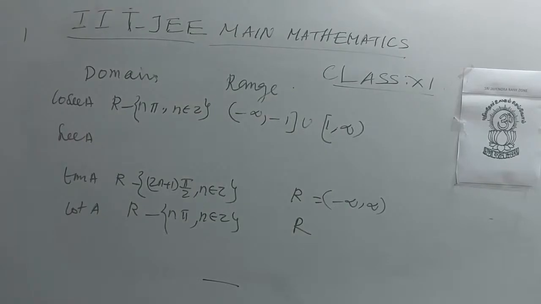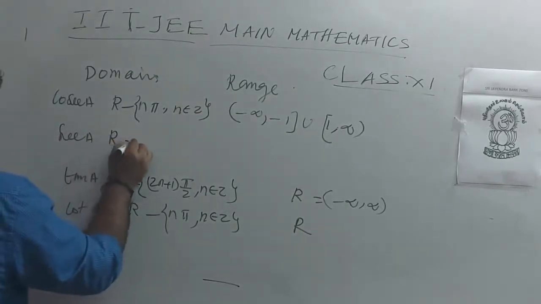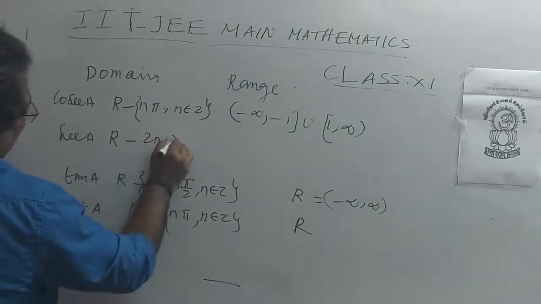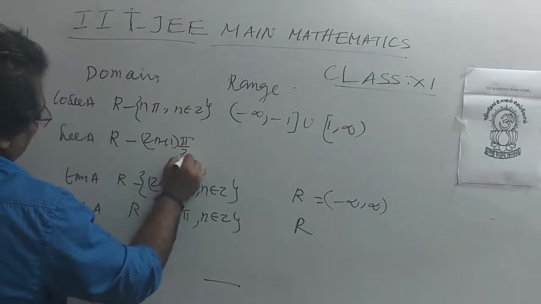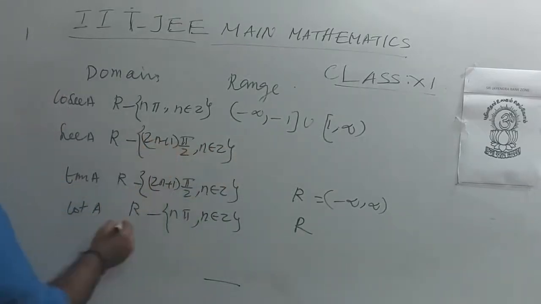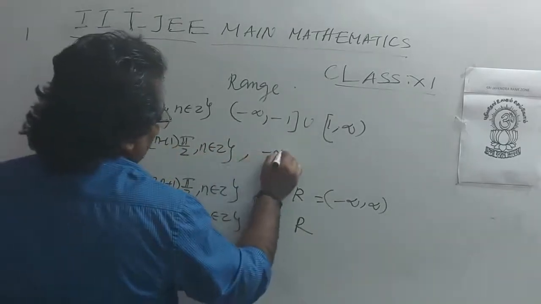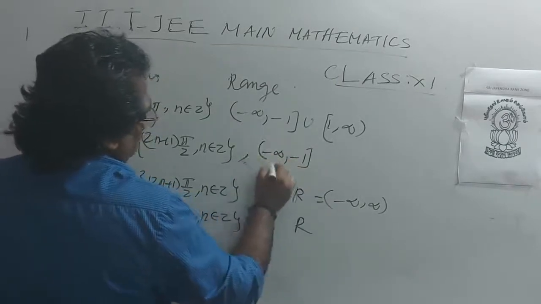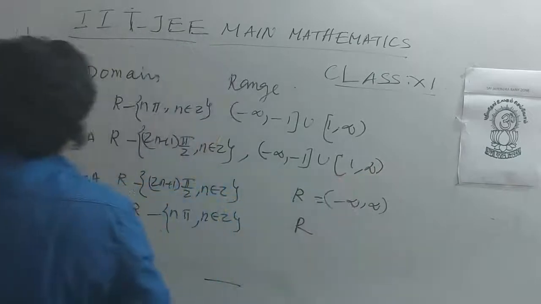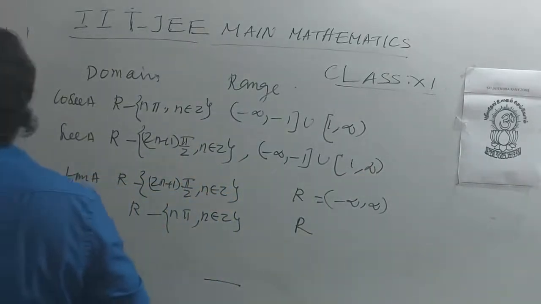Secant A, domain R minus (2n plus 1) pi by 2, n belongs to Z. Yes, same thing, range is minus infinity comma minus 1 union 1 comma infinity.